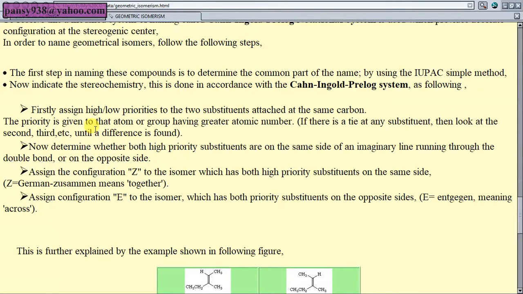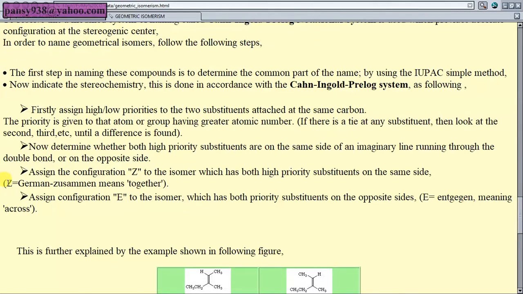The second step, or second rule, is to determine whether both high priority substituents are on the same side of an imaginary line running through the double bond or on the opposite side. The third step is to assign configuration Z to the isomer which has both priority substituents on the same side.